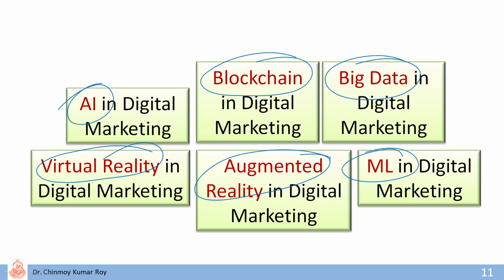All these things are new concepts. At one point or another, we have tried to discuss these concepts very briefly. However, there are many technological advancements going on, and they are changing the way digital marketing is being done. I hope you have enjoyed this lecture, and we have already established that technological advancement has transformed digital marketing.